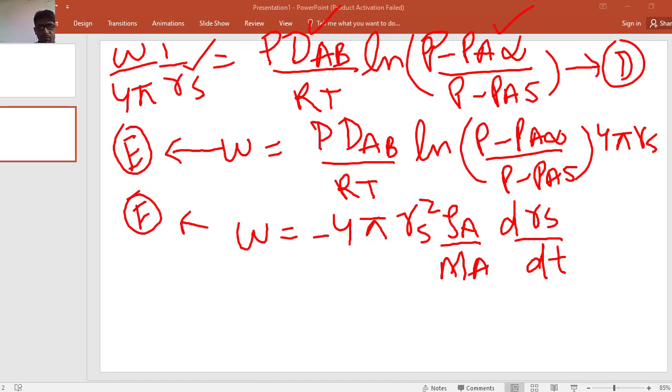We will get, the left hand side is equal, so the right hand side will also be equal. Now simplify the two equations.